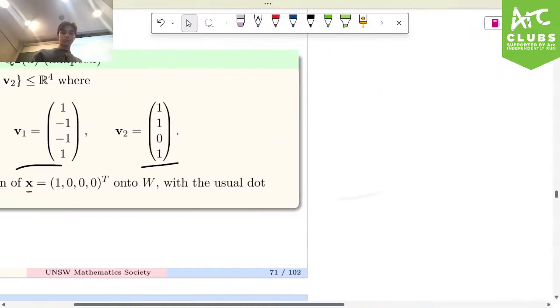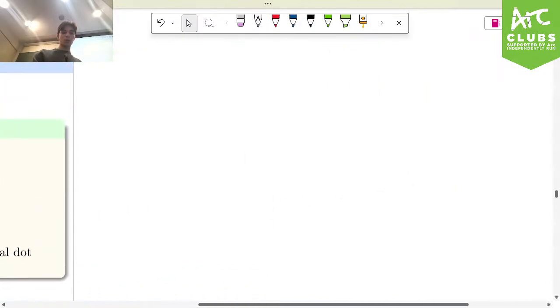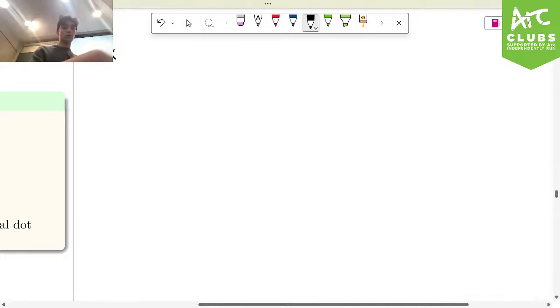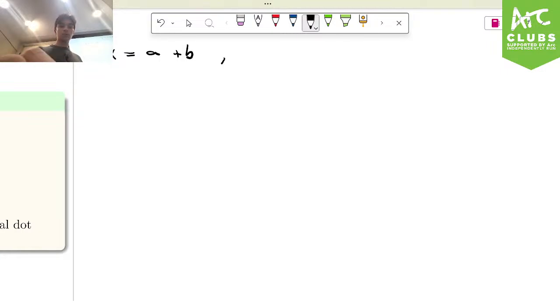So what do we start with? We can first recall that X is going to be equal to A plus B, where A is in W and B is in W perp.